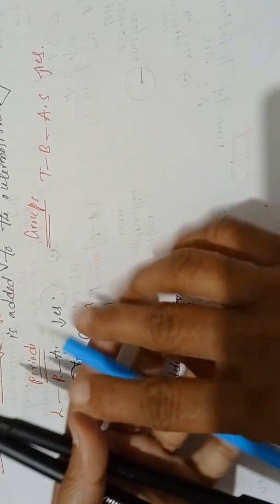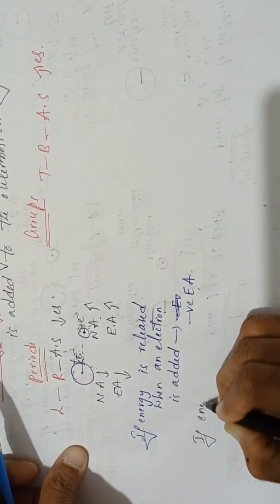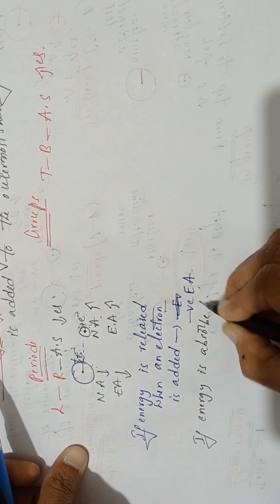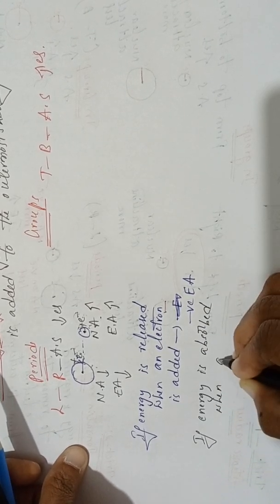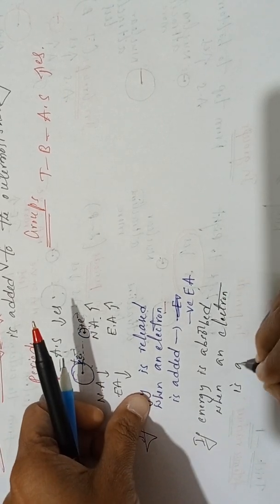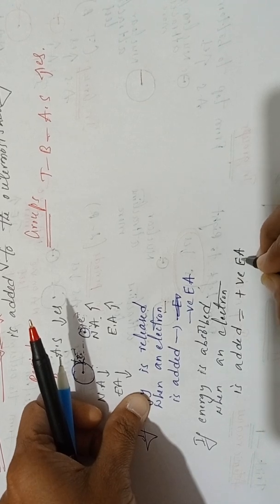Next one, if energy is absorbed when an electron is added, students, that is called positive electron affinity.